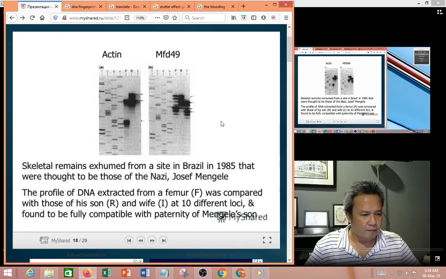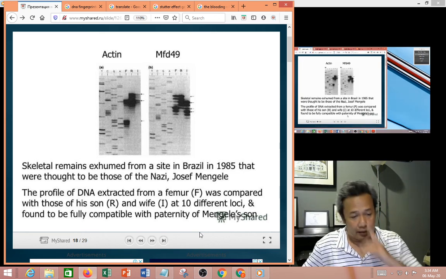The femur was extracted and compared to the son and wife, at 10 loci, and found fully compatible with paternity.